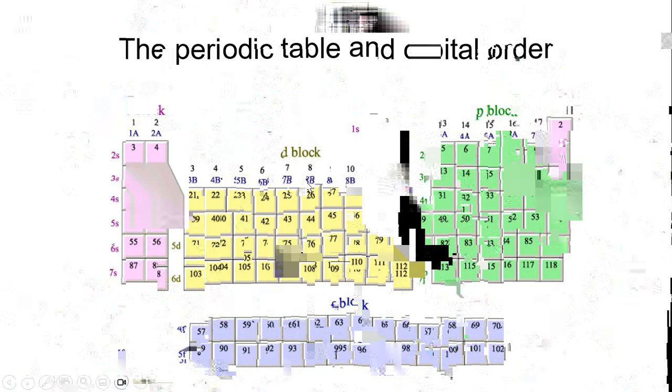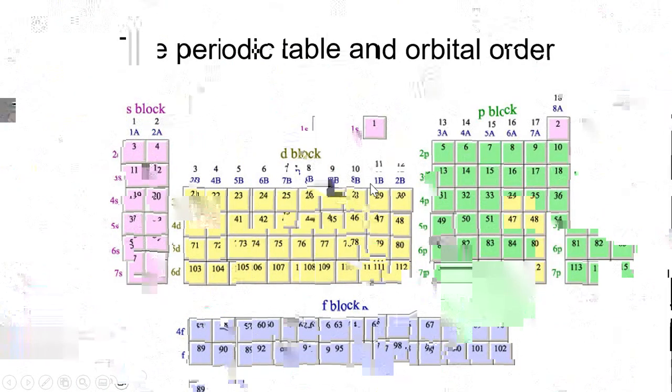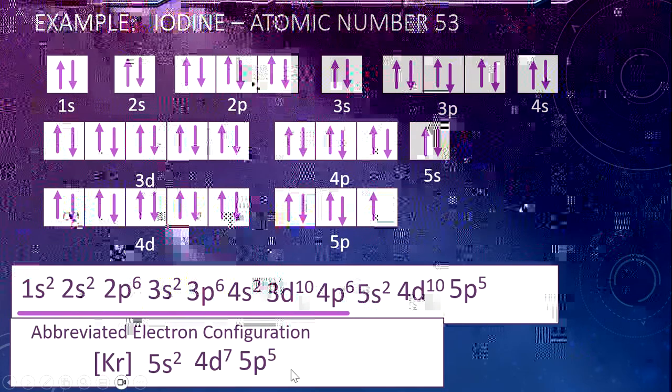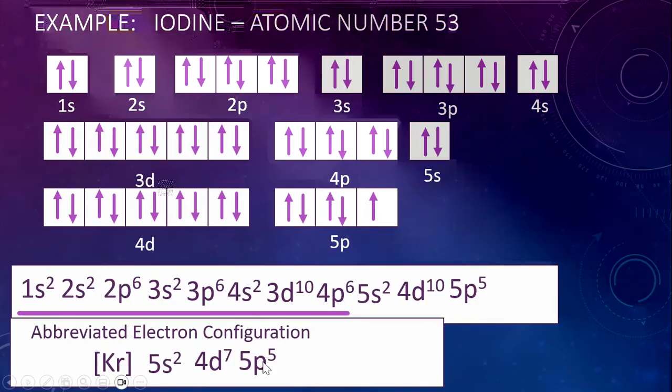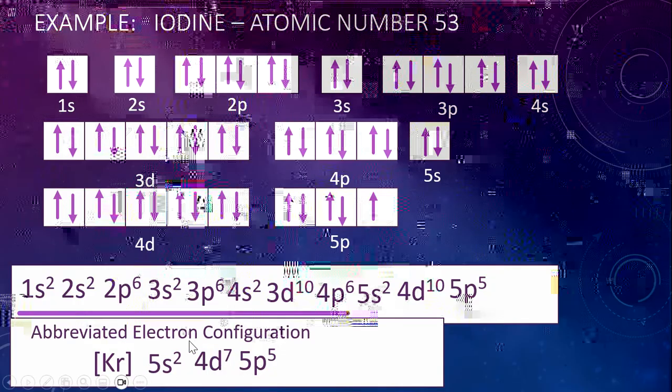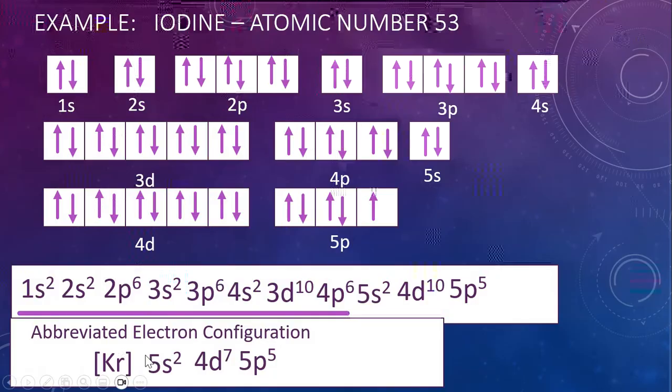So let me go back to iodine. Let's look at iodine's electron configuration. And you can even look at the kernel method. How many electrons, we'll look at the kernel method, abbreviated first, have the highest number out front?